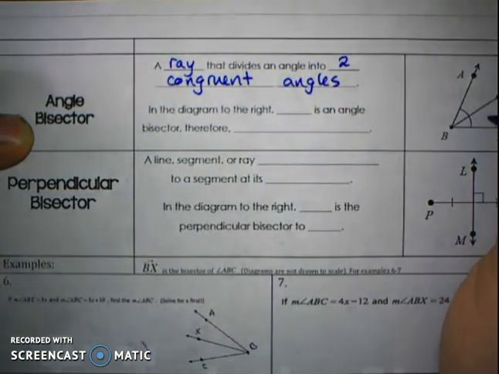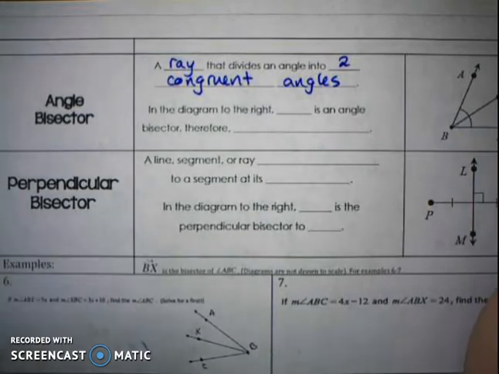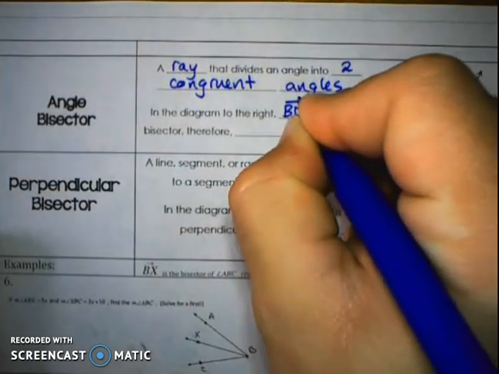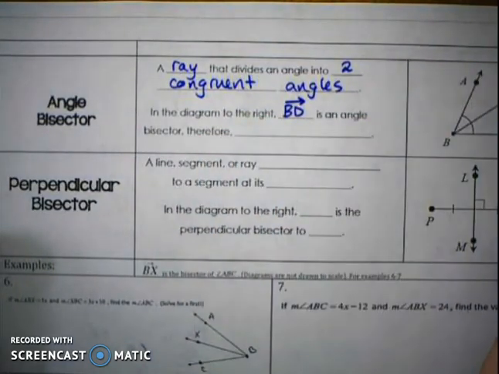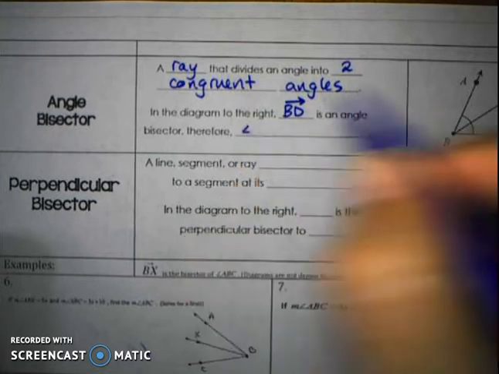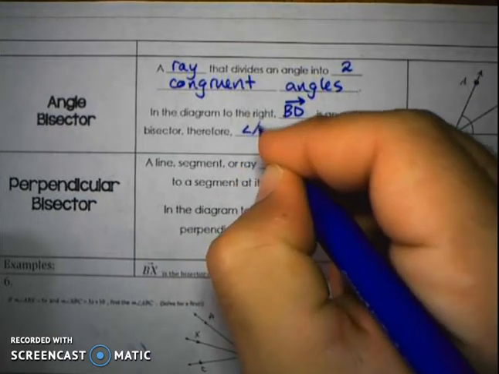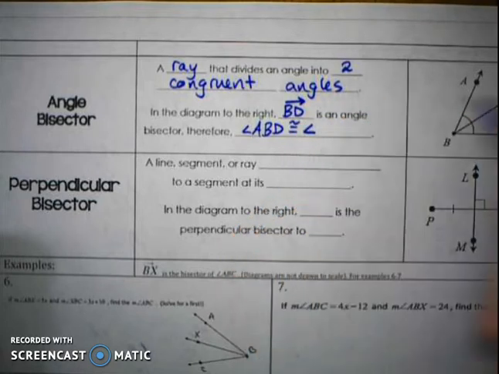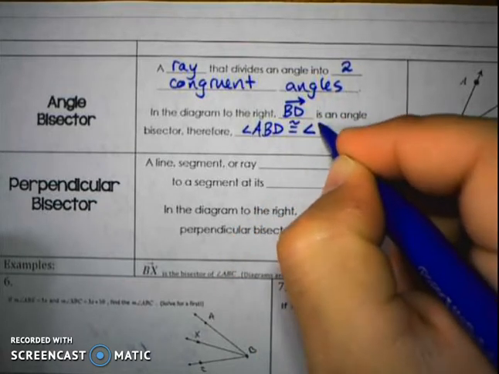So this angle and this angle are the same or equal to each other because this is an angle bisector. In the diagram to the right, ray BD is an angle bisector. Therefore, angle ABD is congruent to angle DBC.